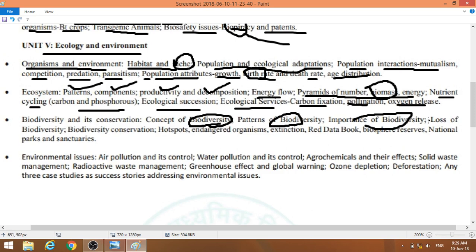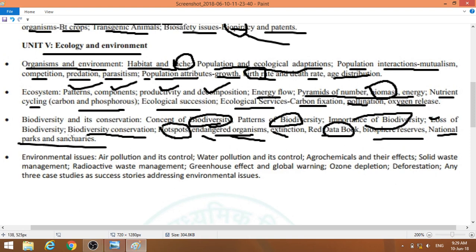How it is lost. Biodiversity conservation. Hot spots like northeast Himalaya and Western Ghats. Endangered species. Extinction. Red data book. What is endangered species? What is extinct species? What is rare species? Etc. IUCN Red List, biosphere reserves, national parks and sanctuaries. What is the difference between sanctuary, park and reserve? What are reserves mentioned on UN agenda?